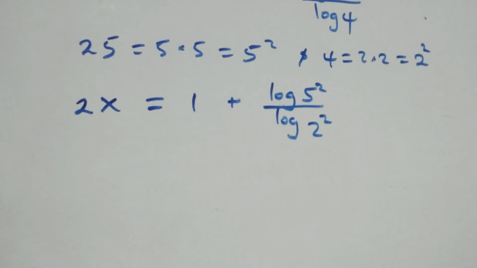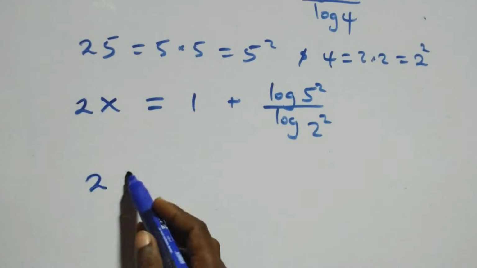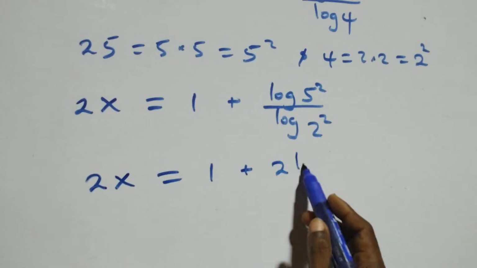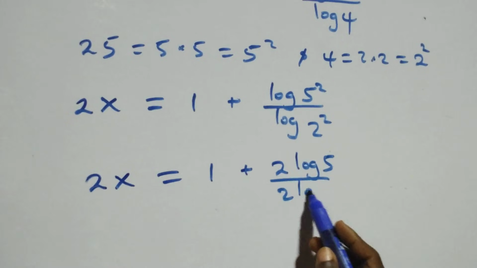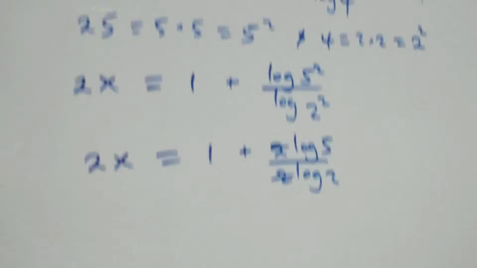We apply the power law of logarithm: 2 comes down here and also here, and we have 2x equals 1 plus 2 log 5 over 2 log 2. From here, the 2s cancel each other.